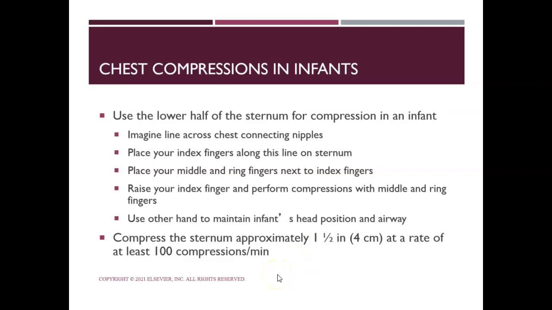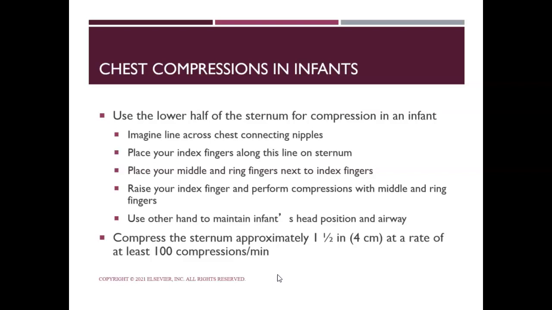With infants, so less than a year old, you want to imagine that line that's connecting the chest between the two nipples, so the nipple line. Typically we are going to put both hands around the baby's chest, so our thumbs kind of overlap in the middle over the sternum, and then you are going to compress the chest that way. So that's one way of doing it.